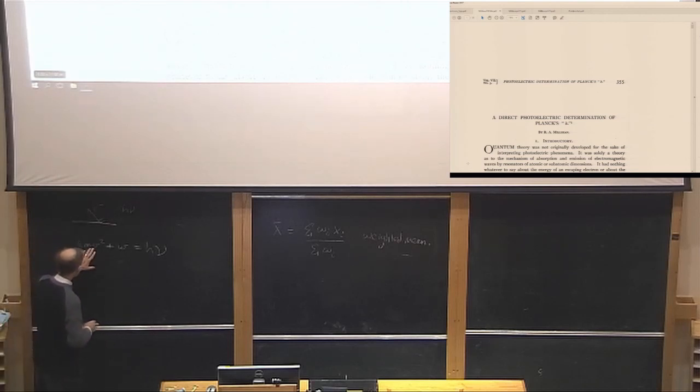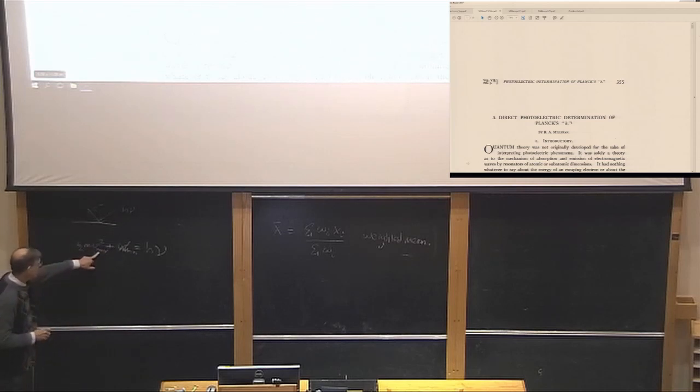This means that this isn't zero. The electrons are bound into the metal by some energy or other. They don't just fall out. So there's some minimum value of that, which is called the work function, which corresponds to a maximum value of that, which means that there is a maximum velocity of the ejected electron.